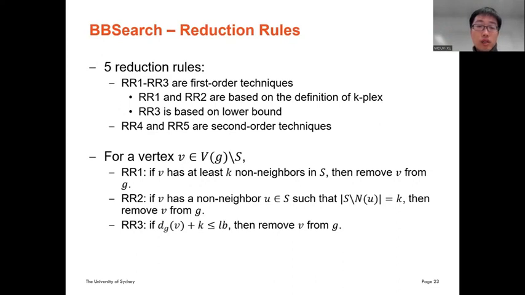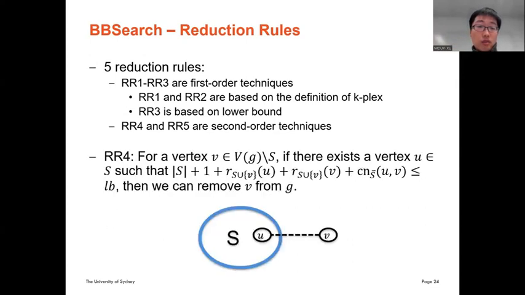Reduction rule 3 applies when degree of V plus k is lower than the lower bound, so adding such V will not make S have a size greater than the lower bound. For the 2 second order techniques, reduction rule 4 considers the condition that one vertex U is inside S and another vertex V is outside S. In this case, we check if the upper bound of adding V inside S is greater than the lower bound.